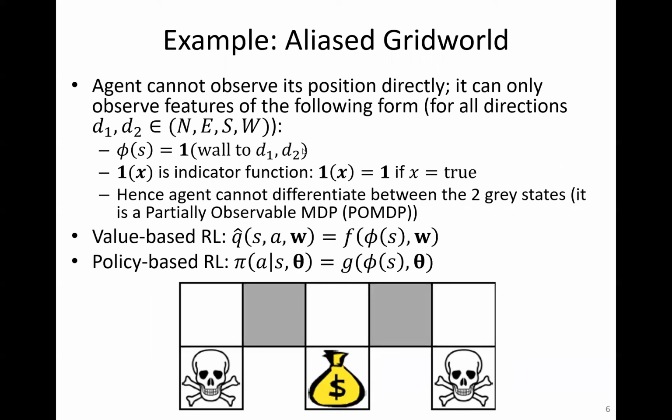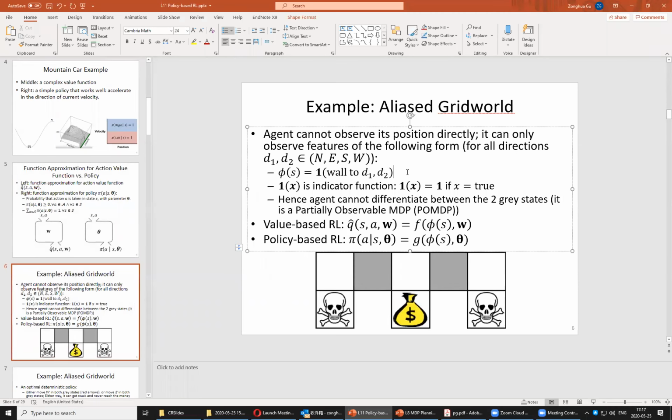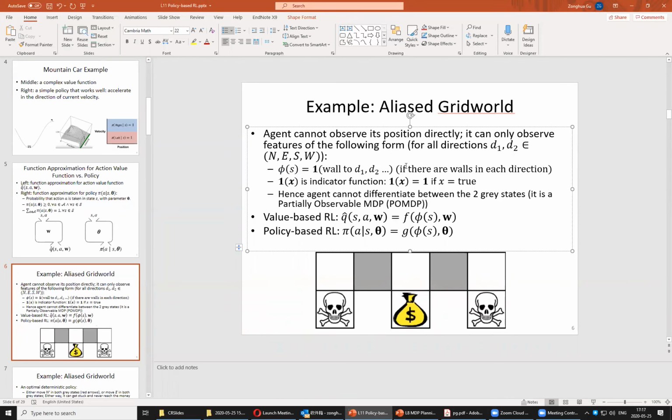It can only observe features of the following form: the indicator function for a wall in direction 1, direction 2, that is, whether there are walls in each direction.